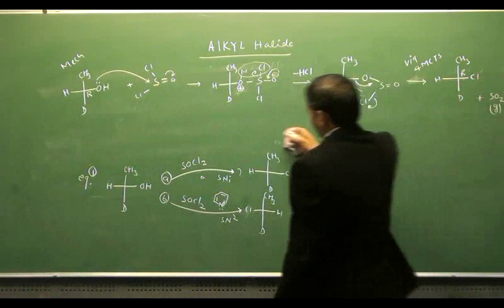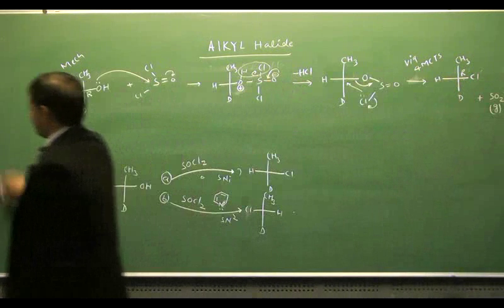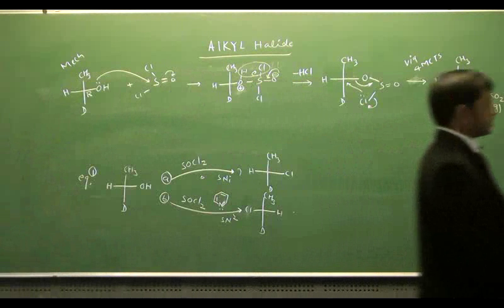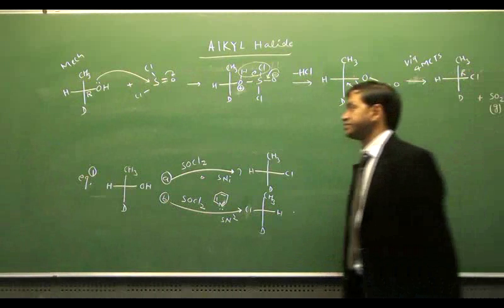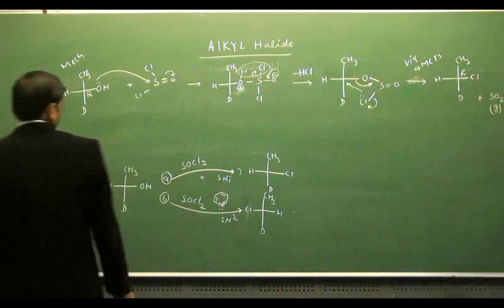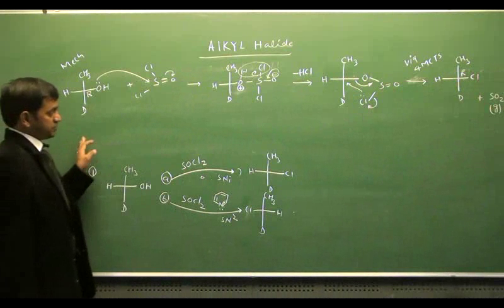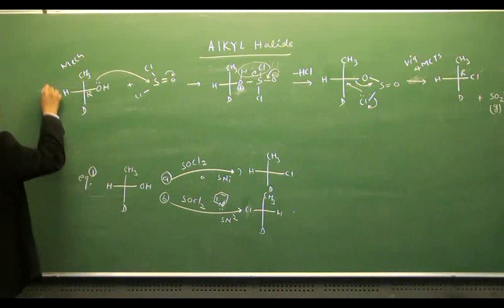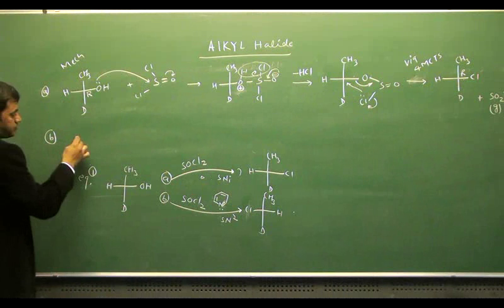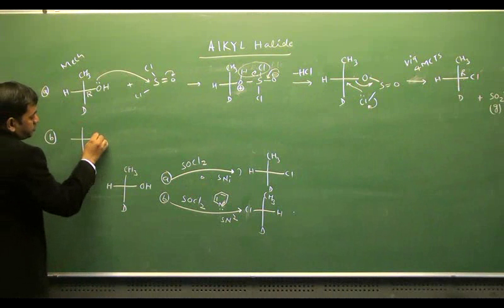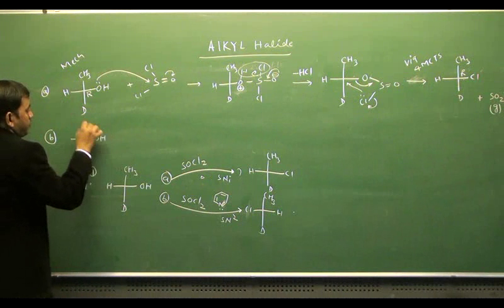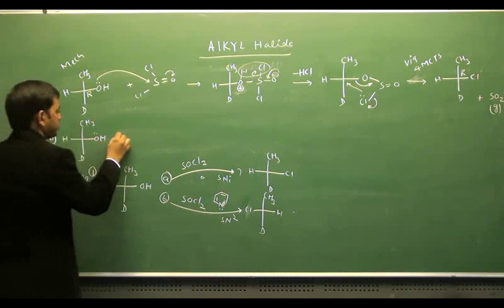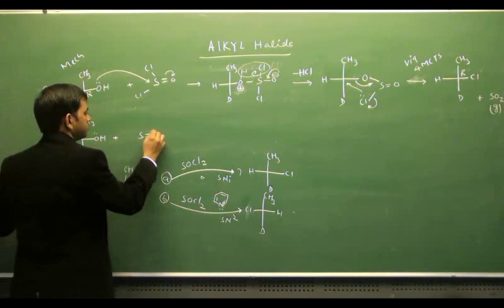In that case Walden inversion takes place and the reaction mechanism converts from SNi to SN2; it is not SNi in that case, if pyridine is used. Suppose a similar reaction proceeds in presence of pyridine. Previously it was A, now it is B. Mechanism of B: the reaction starts in a similar manner. That is CH3, H, D, OH reacting with SOCl2.